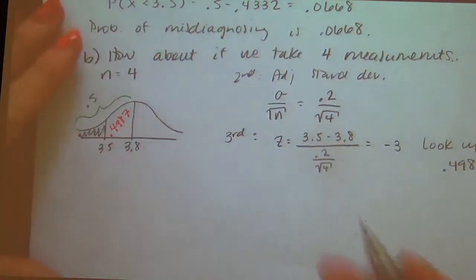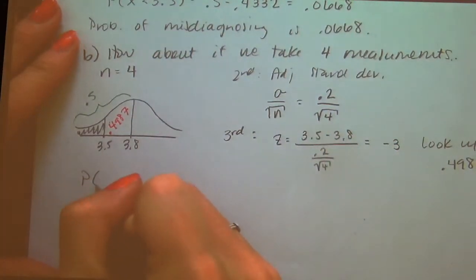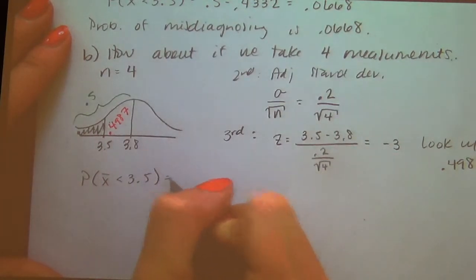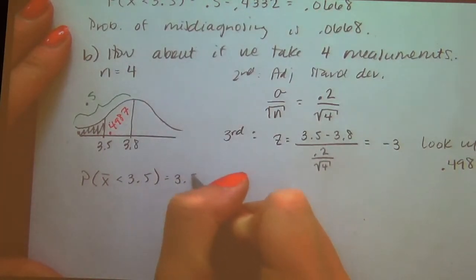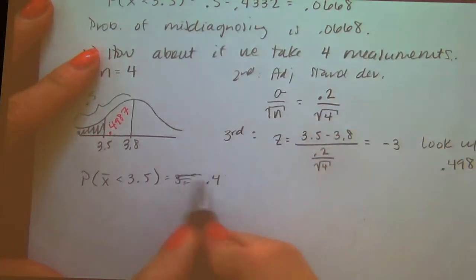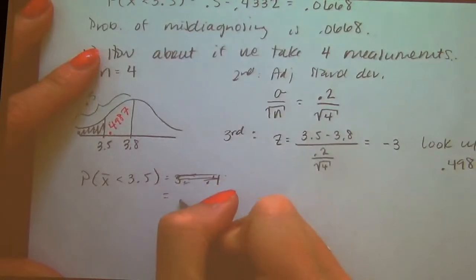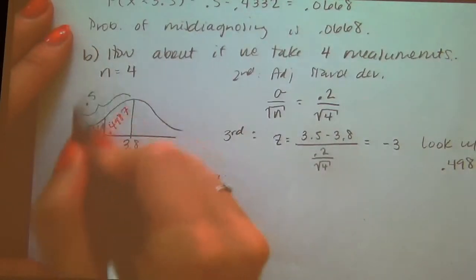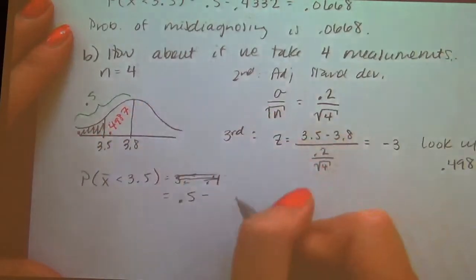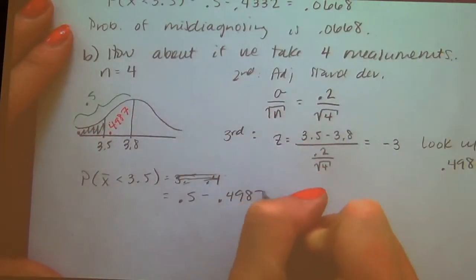And to get that final probability, I have the probability that x bar is less than 3.5 is equal to, long day, sorry. Okay, so 0.5, this green half right here, minus my red, the blank spot right here, which is 0.4987.